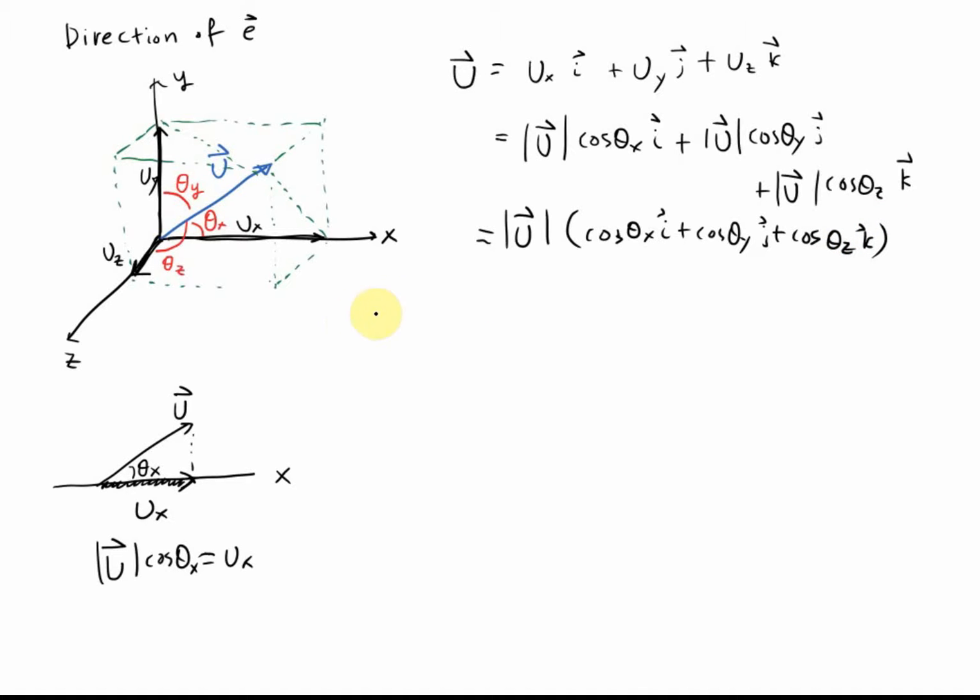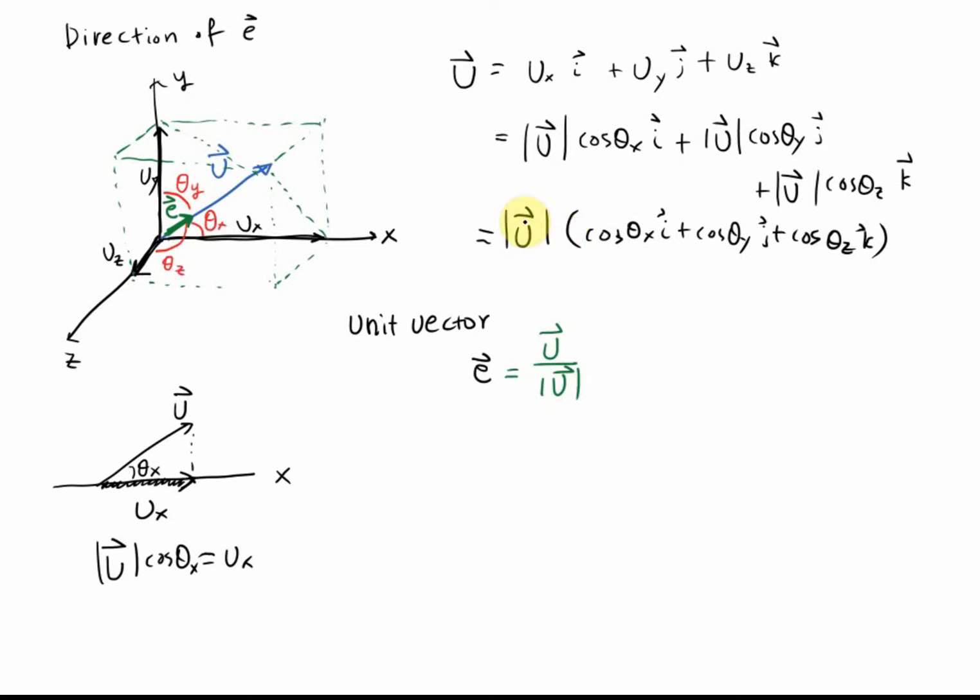Then when I talk about the unit vector for this u, I want to define my unit vector. Let's say this is u and this is e, because e is the unit vector of my arbitrary vector u. So my e is equal to u divided by the u magnitude, right? This is the definition of a unit vector.